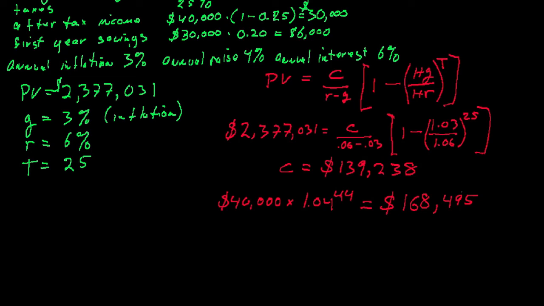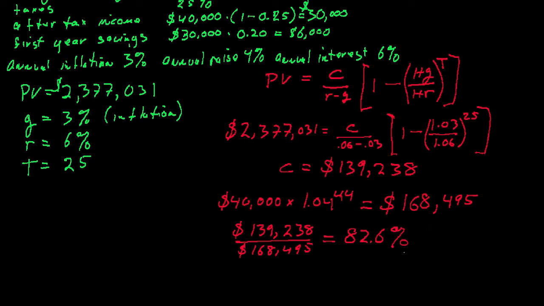Let's divide your income the first year in retirement by your income the last year you worked. $139,238 divided by $168,495 equals 82.6%. So your retirement income in year 46 starts out at about 83% of what you earned in year 45.